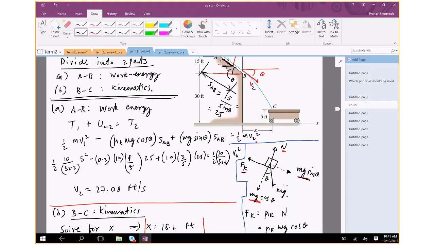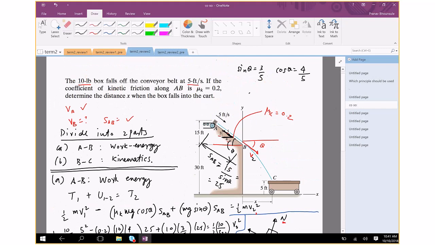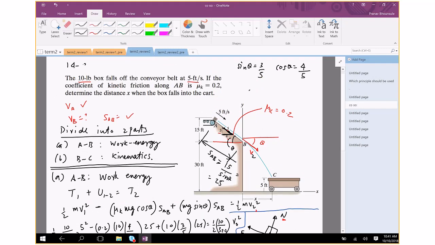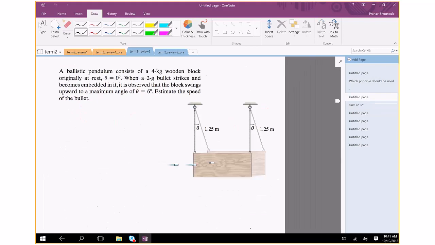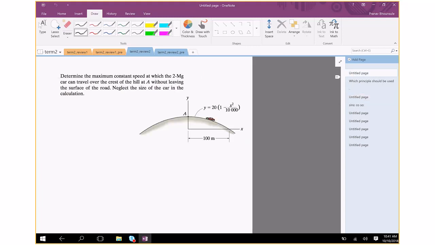Let me see. It is 1428. You want to go with the car? How many minutes do we have? 9 minutes. I think I can do both of them. Let's do the car one. It's easier.